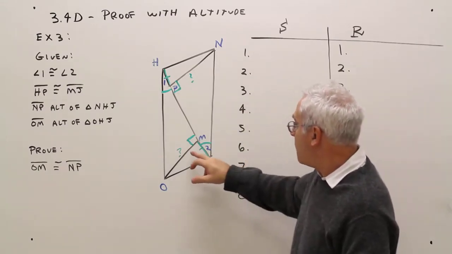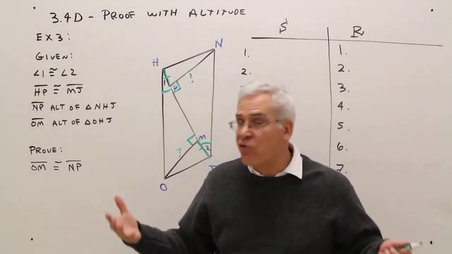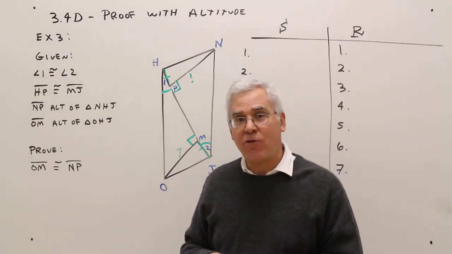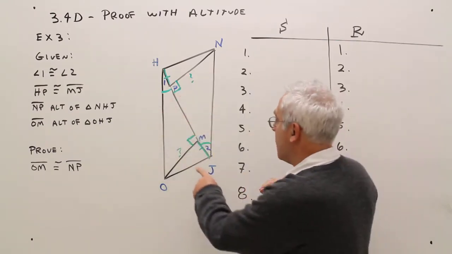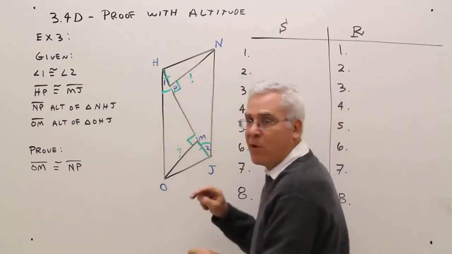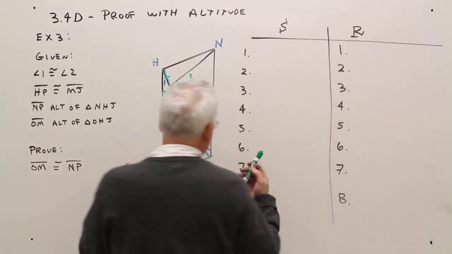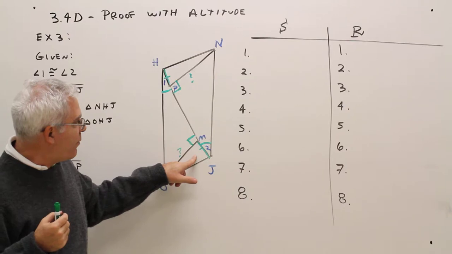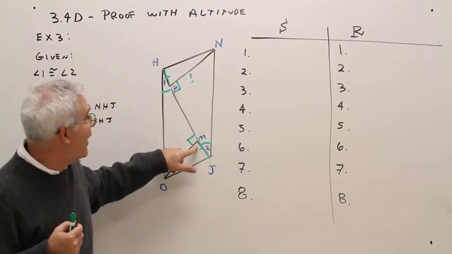Well, now the big question is, which triangles should I try to get congruent? I've got super big left, super big right, super small bottom, super small top, and medium left, medium right. You might say, hey, what about super small bottom and top? I've got a side here, I basically have an angle there.